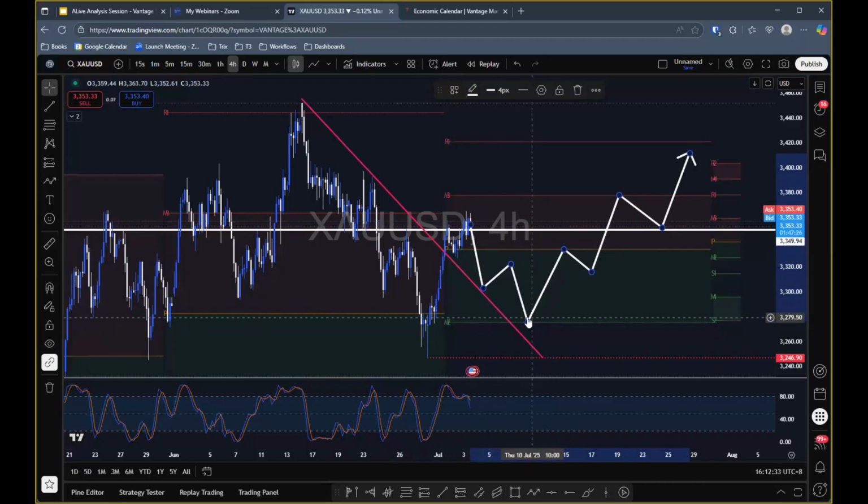And if we do come back into this area, we're looking for a higher high and then a move to the upside. Okay, you can calculate one entire move here. It's about a week, so we can expect this entire move to play out over the next week or so.